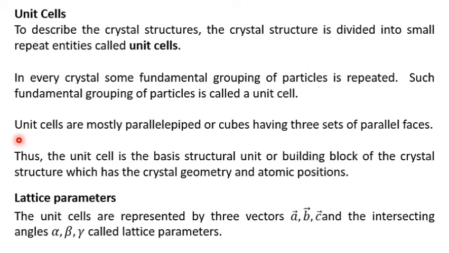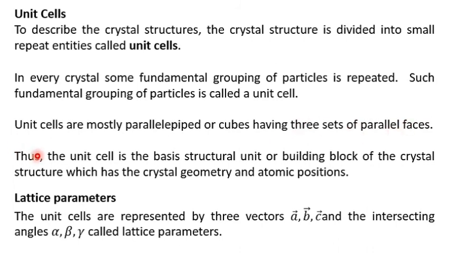Then unit cells are mostly parallelopiped or cubic in structure. They have 3 sets of parallel faces. For a cube we know there are 3 sets of faces, 3 into 2, 6 faces in total.